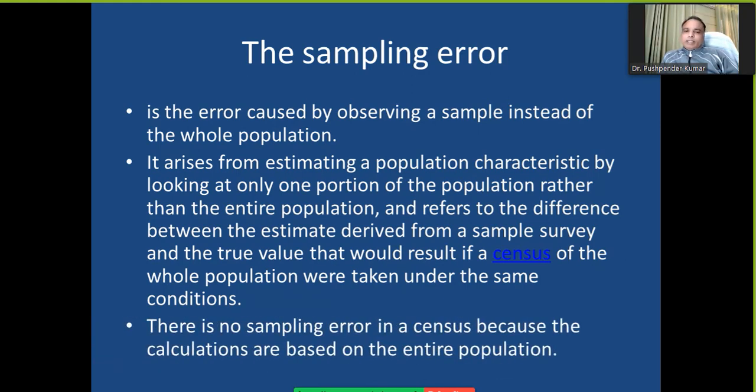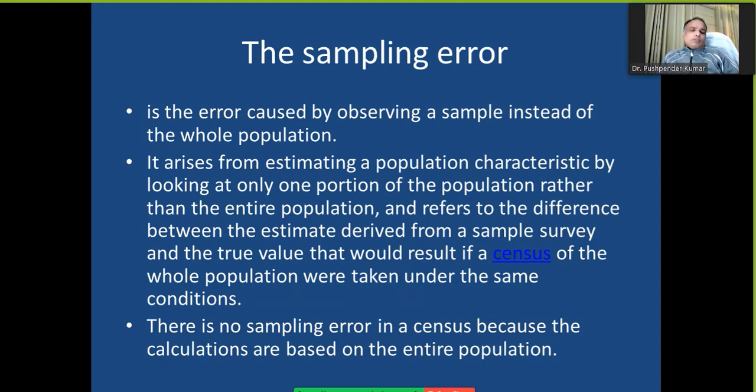There is no sampling error in a census, because the calculations are based on the entire population. If you go for the whole population, then there is no error, no problem, and you don't need any advanced tools and techniques, because the whole population's data is with you. The problem arises when you go for hypothesis testing and other advanced tools and techniques, because instead of collecting data from the whole population, you are collecting data from a sample only.